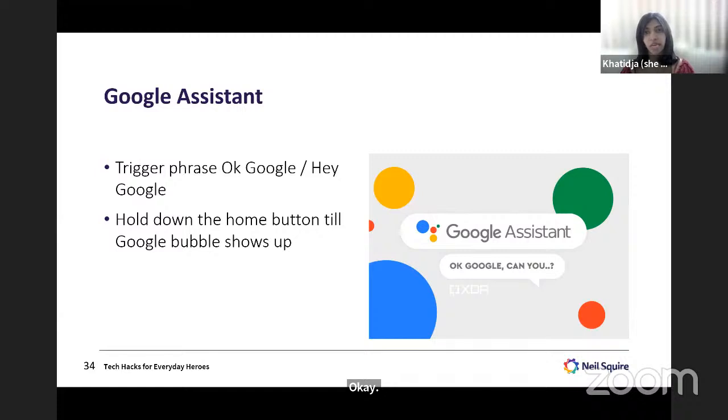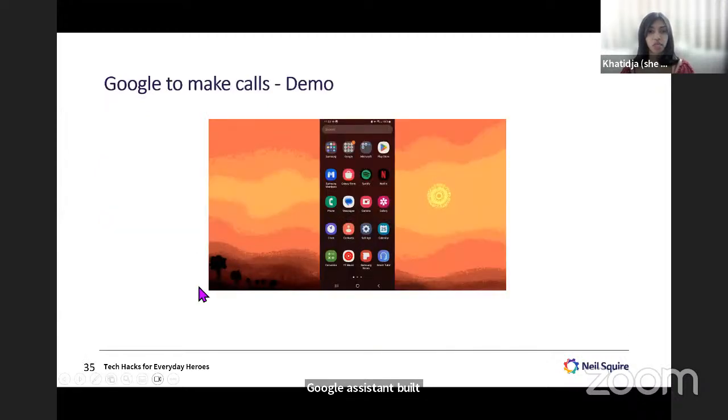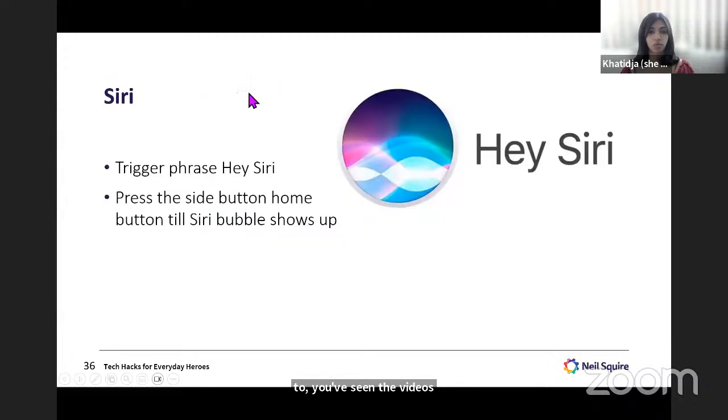So you can give commands to make phone calls, to look up something, to send text messages, to modify some settings. So on Android, we have Google Assistant, and on iPhones, I'll come back to this because I want to compare both.